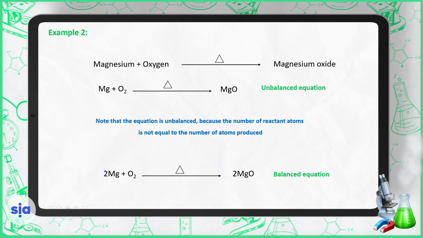Therefore, two magnesium atoms, two magnesium single atoms are needed to react with the molecule of oxygen, which consists of two oxygen atoms, to give two molecules of magnesium oxide. And now it's a balanced equation.